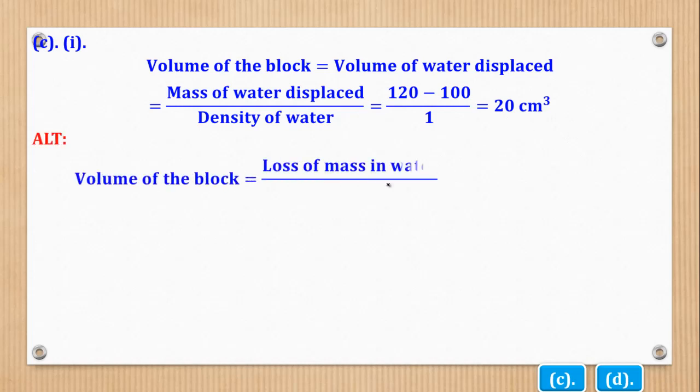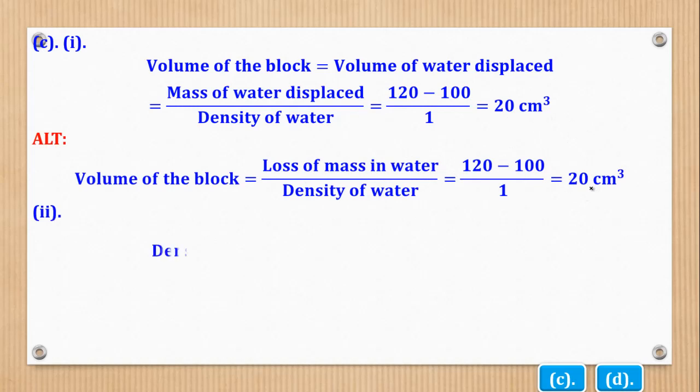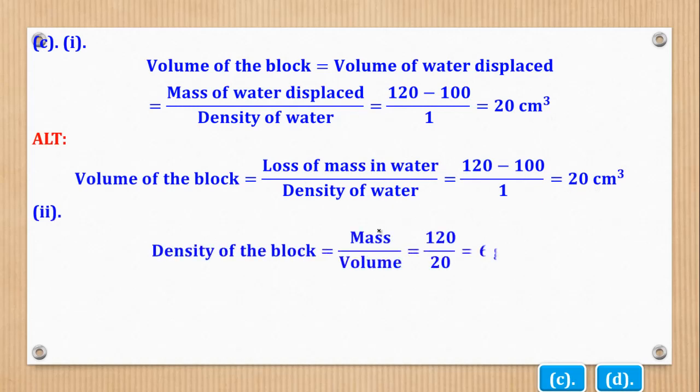Alternatively, you could say that volume of the block is equal to loss in mass over density of water. It will still give you the answer. Then Roman 2, the density of the block is mass over volume, to give you that. That was part C. Then part D.